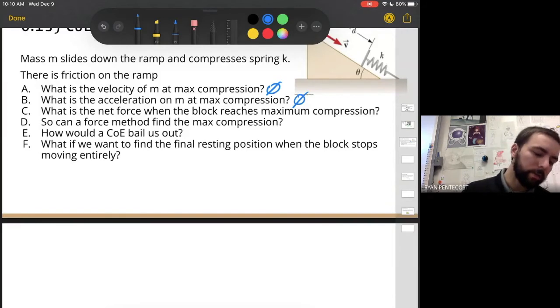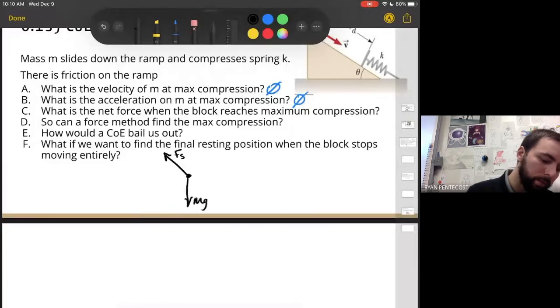So letter C, what is the net force when the block reaches maximum compression? So let's look at this. If we have maximum compression, say we've got the force of the spring up the incline. You've got mg there. Let's say that the x and y is along the incline. So we've got a theta right there.